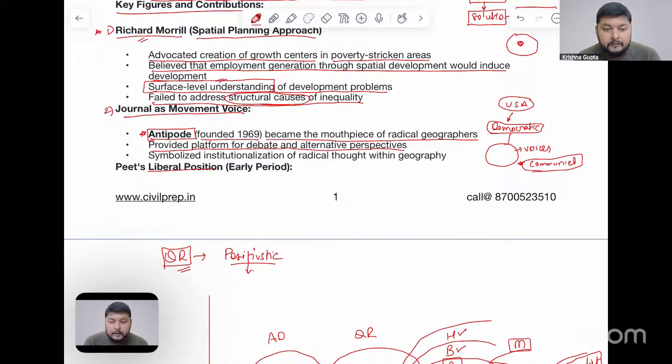You need to have a democratic or liberal attitude. You cannot go for the communist attitude in the United States system. It symbolized the institutionalization of radical thought within geography. So this also became important for understanding radical thought in geographical studies.